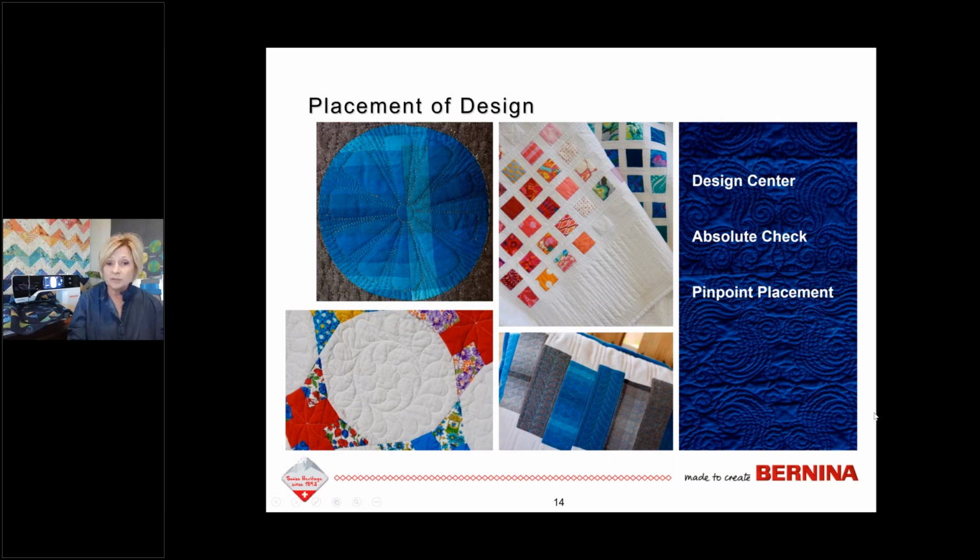Then we have pinpoint placement, which is a fairly new feature that we now have on some of our machines as well. I'm going to go through how I use these 3 features in placing either blocks, borders, or negative space. We're going to start with placement of the design in a block.